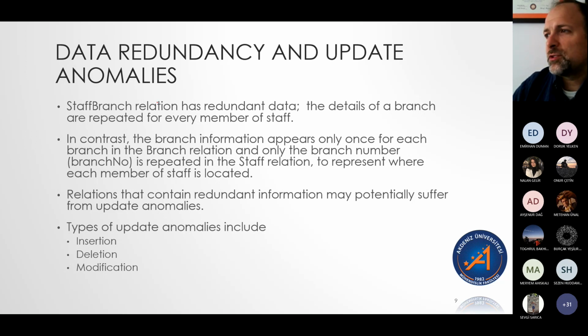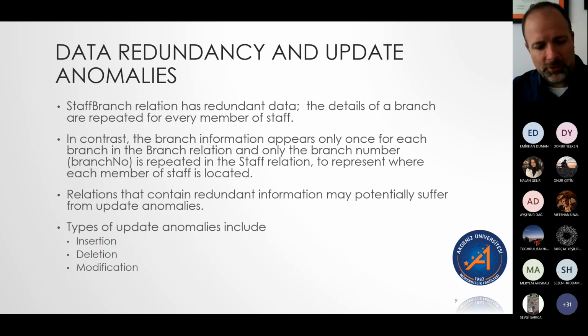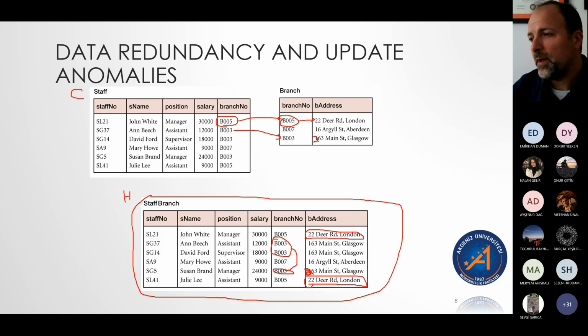So this just describes the data redundancy and update anomalies from the previous slide that we talked about. Some redundant information, update anomalies, and not just modification, but also insertion. What if a new employee comes to work at B003 and we accidentally fill in their address under this old format?